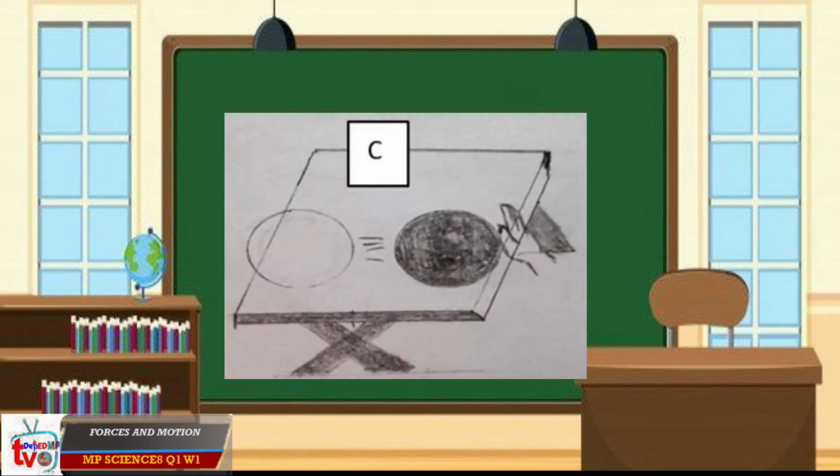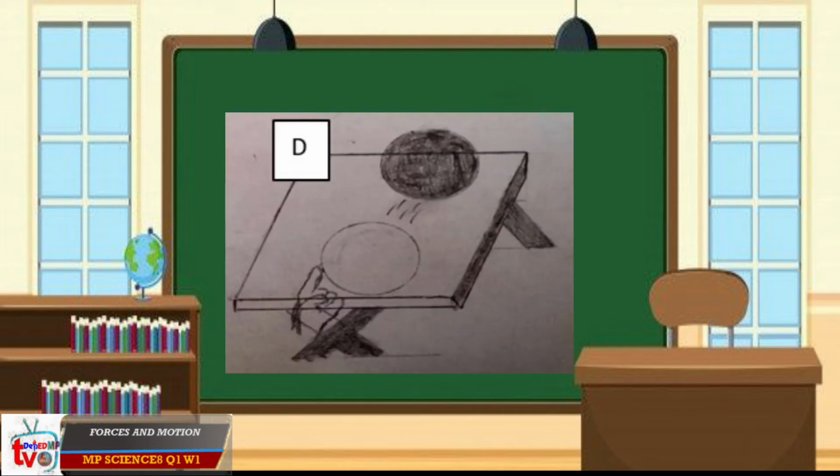And when it is again pushed in the direction of its motion, it moves faster and even farther. But when you push it on the other side instead, opposite to the direction of its motion, the ball may slow down and eventually stop. Lastly, when you push it in a direction different from its original direction of motion, the ball also changes in direction.